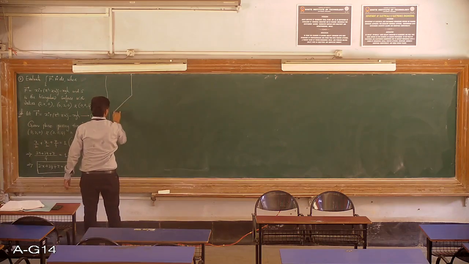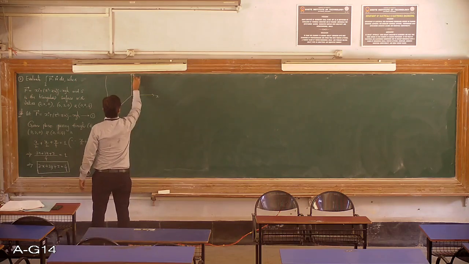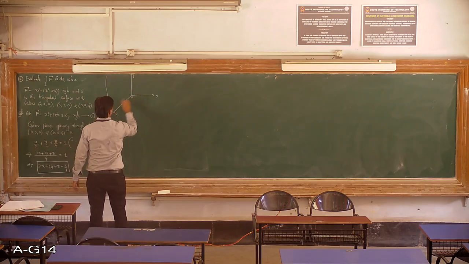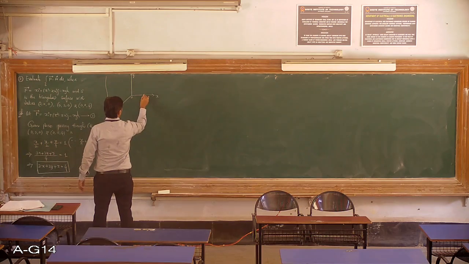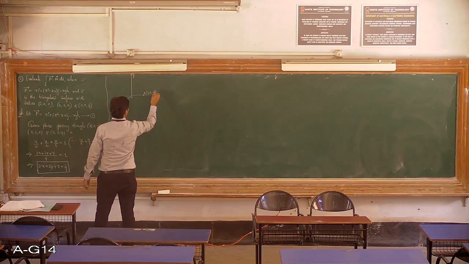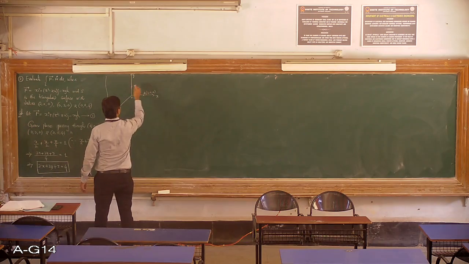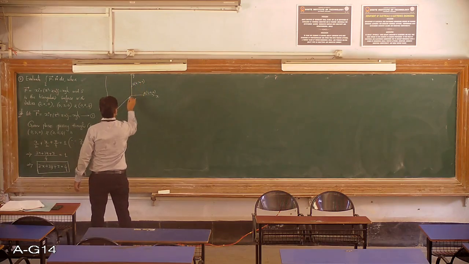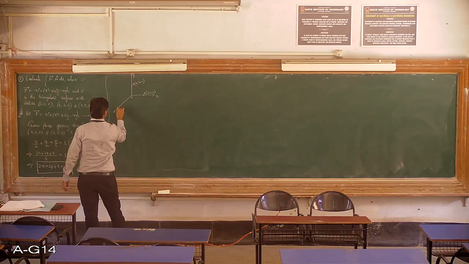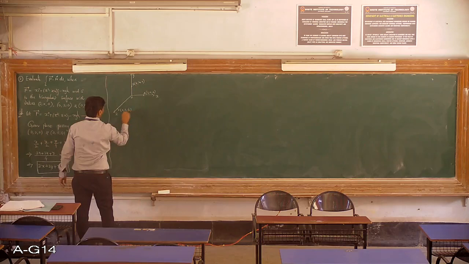This is x, this is y and this is z axis and this is origin O. Here I'll call this some point A, 2, 0, 0, or else later I'll allot. Here this is point B, 0, 2, 0 and this is point C, 0, 0, 4. Now join them.